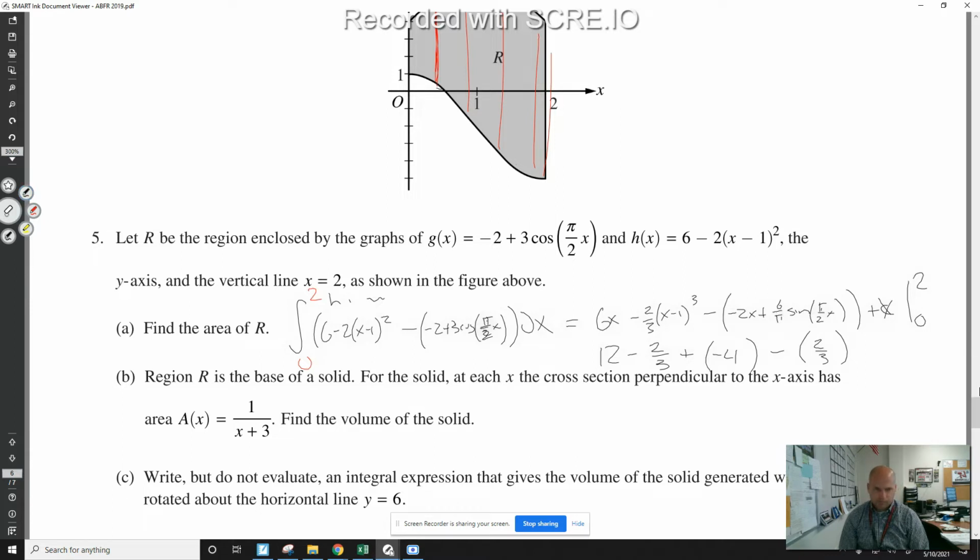Hold on. I'm subtracting this. Wait, where did the negative 4 come from? Oh, that's plugging 2 into the top. Okay, so minus negative 4, that's good.